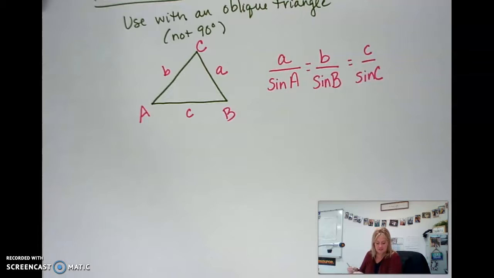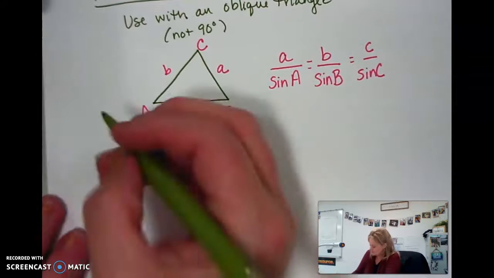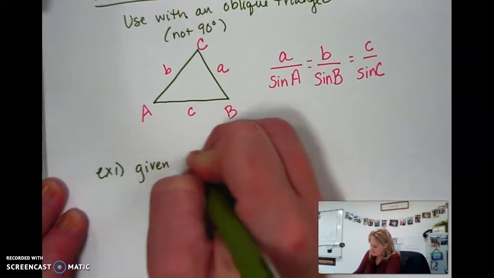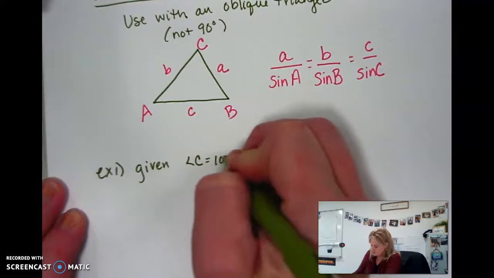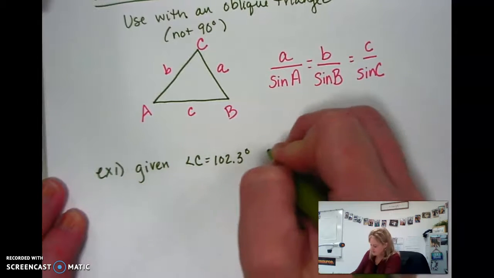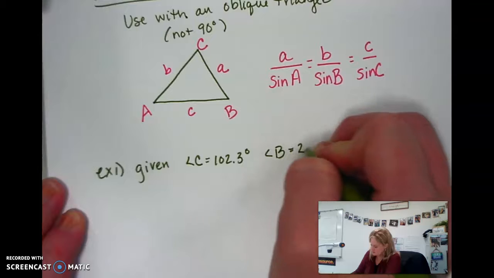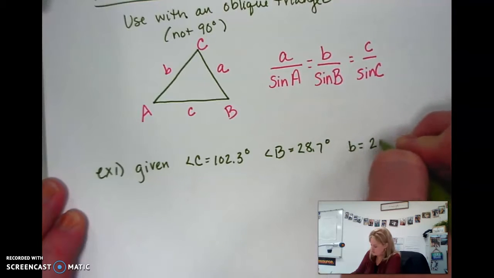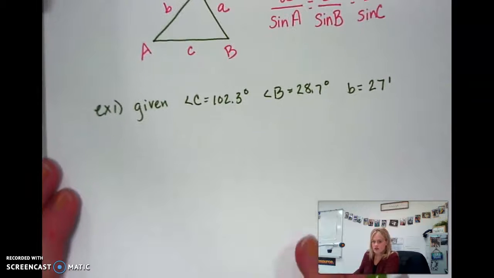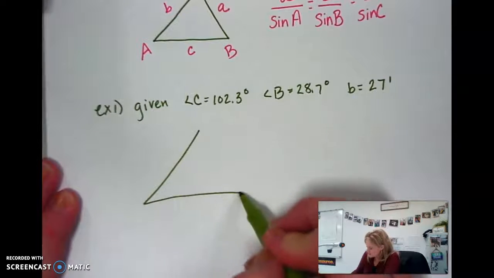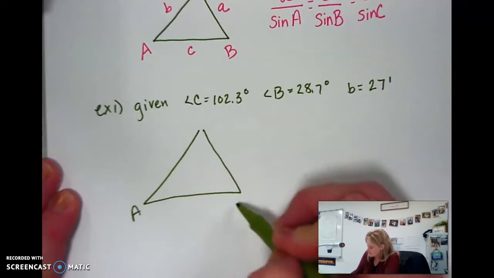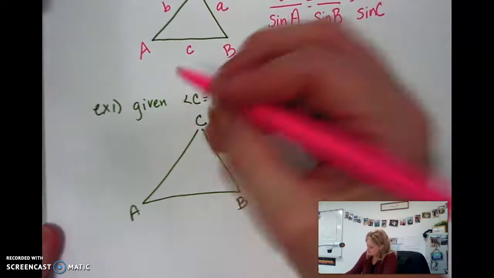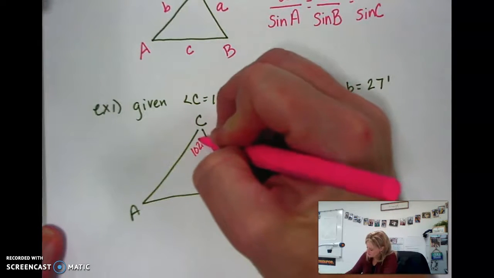So if you look at this first example here, if we are given angle C is 102.3 degrees, angle B is 28.7 degrees, and side B is 27 feet. So when we go to set this up, angle A, B, C, we know that angle C is 102.3 degrees.